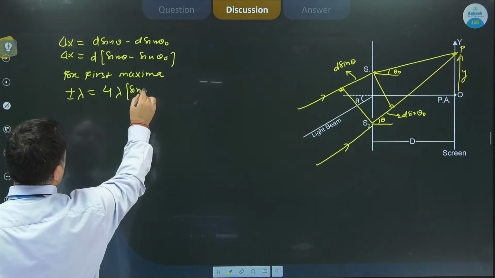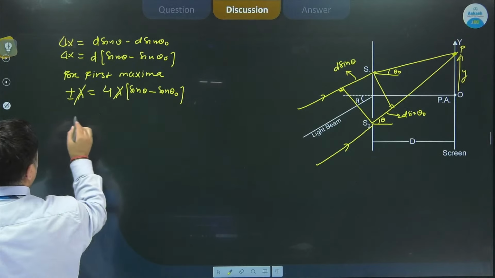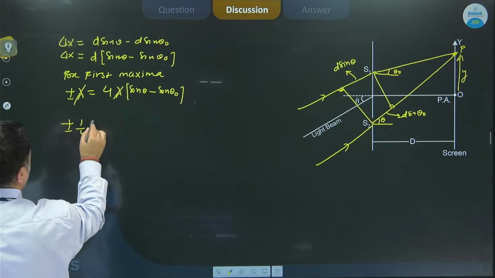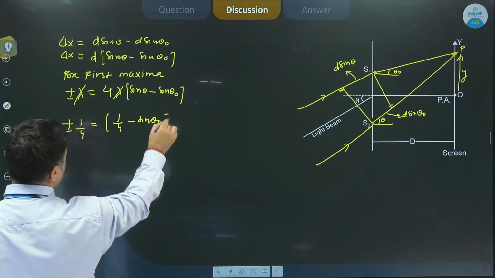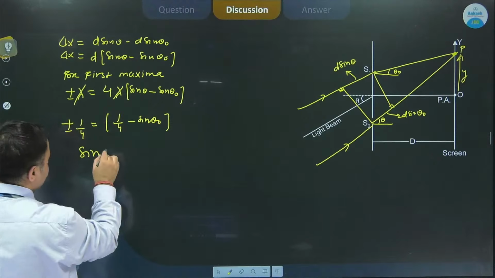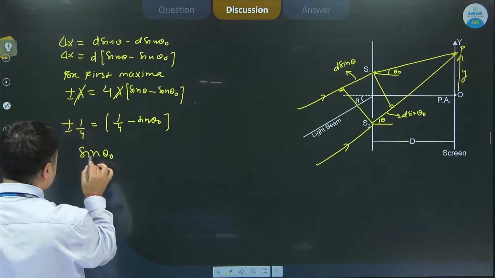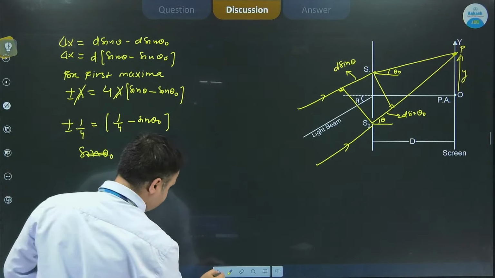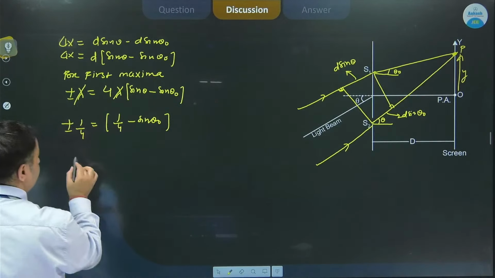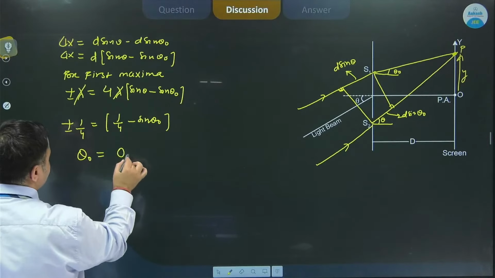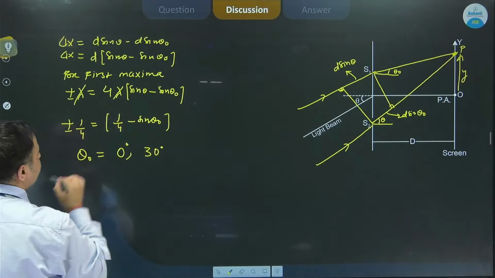So lambda will cancel out. So plus minus 1 by 4 is equal to sine theta, which is also given in the question as 1 by 4, minus sine theta naught. From here we can solve for sine theta naught. Then theta naught will have two values. We'll get theta naught as 0 degree and 30 degree.